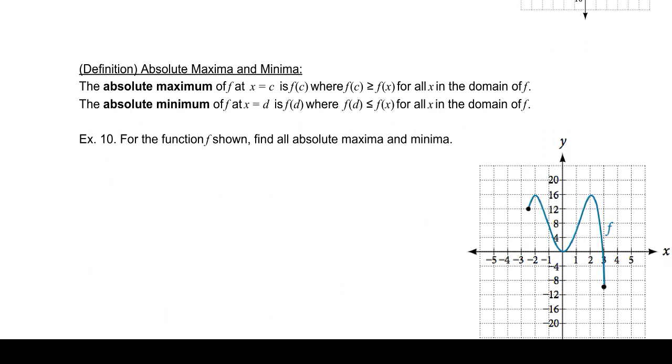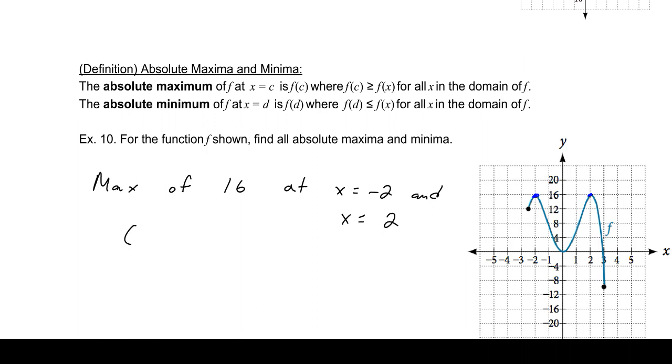The absolute highest point, the highest value is right here at, it looks like 16, and there are actually two places. A maximum of 16 occurs at x equals negative 2 and x equals positive 2.